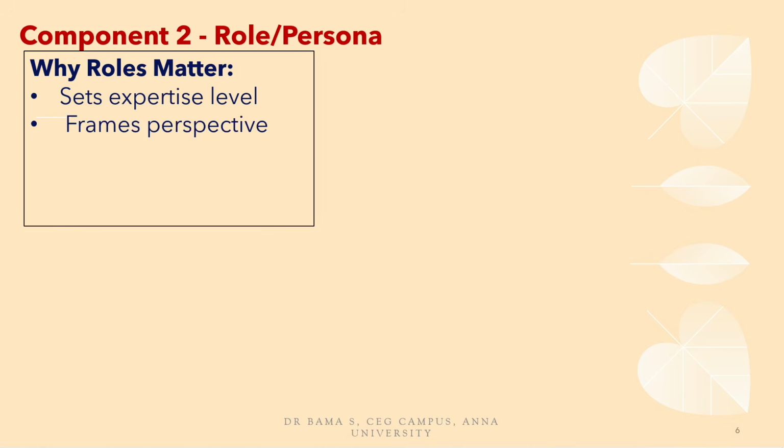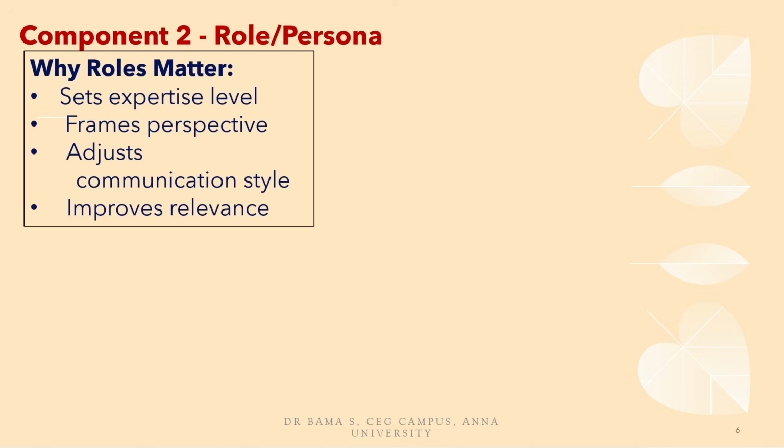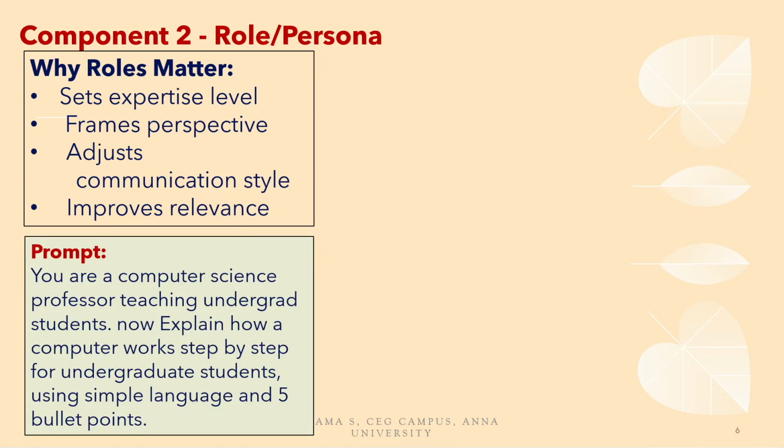It frames that perspective, and it also gets into the communication style, whether it is going to be at the beginner stage or at the advanced stage, and at that role how an LLM would respond and guide. It would also improve the relevance with respect to what is being asked.